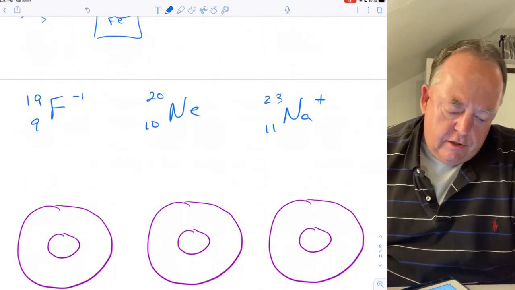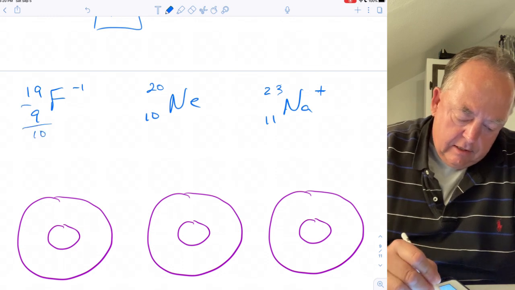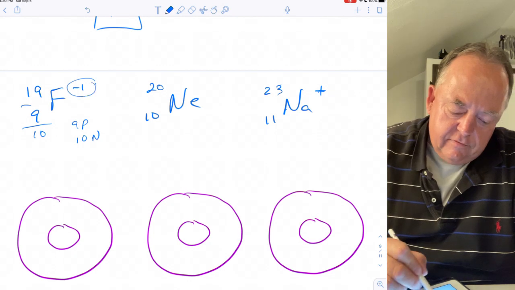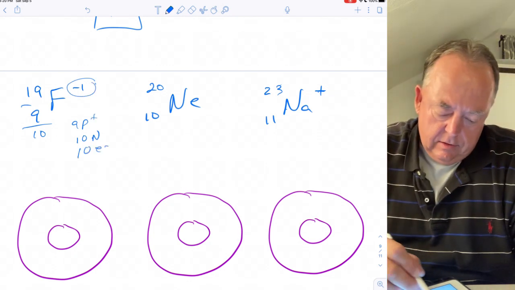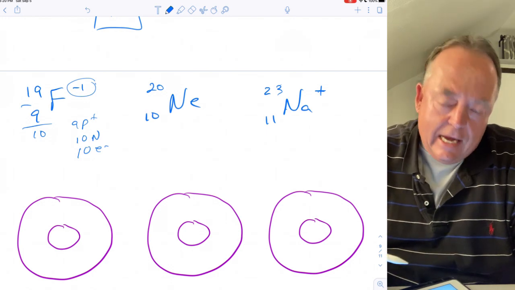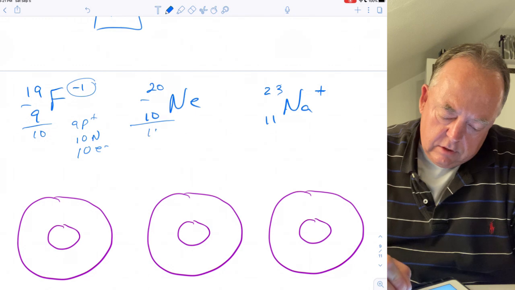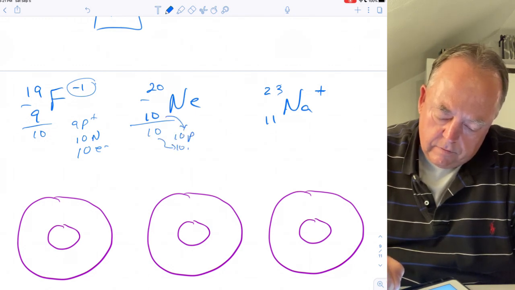Okay, and if we took these 3: if we subtract these, 9 protons, 10 neutrons, it's negative charge, so it's got to have 1 more electron than proton, right? 9 positives, 10 negatives, so net -1. Subtract these two, so 10 protons from that number, 10 neutrons from that number.